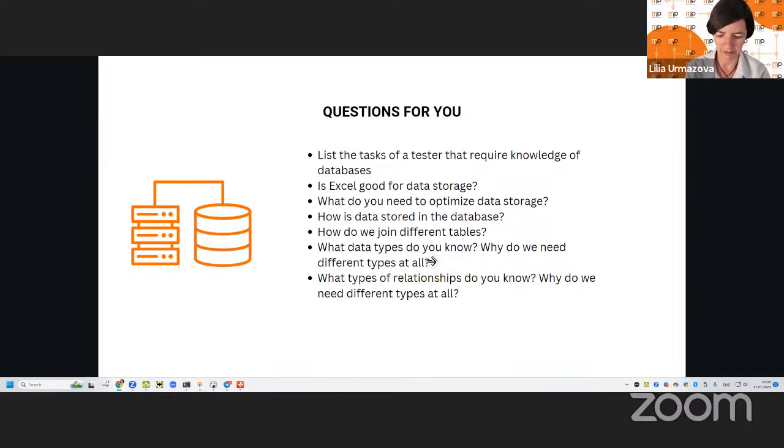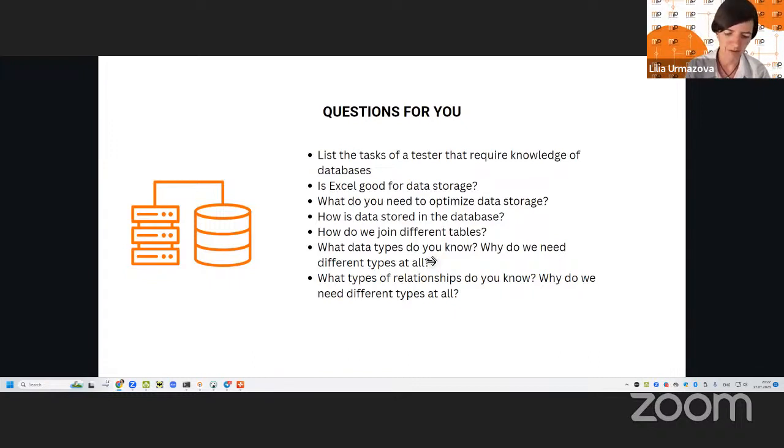define that. Let's imagine that we have Excel sheets or Google Sheets instead of a relational database, and the information is not optimized, and we have the information about students in different places, for example.